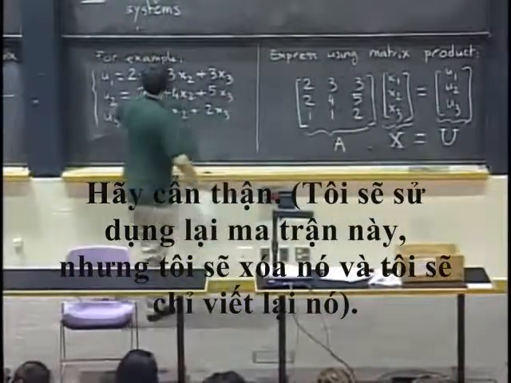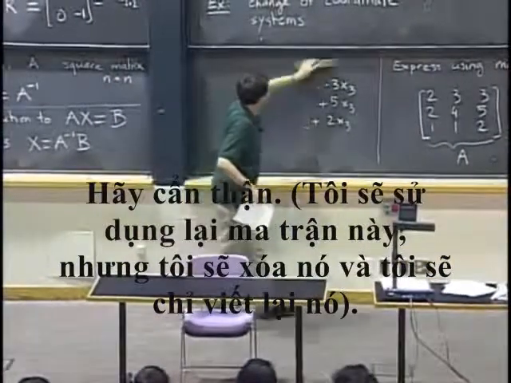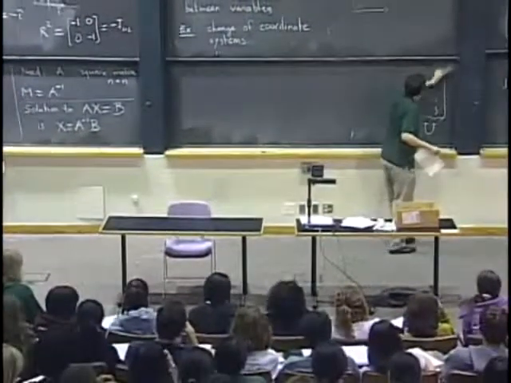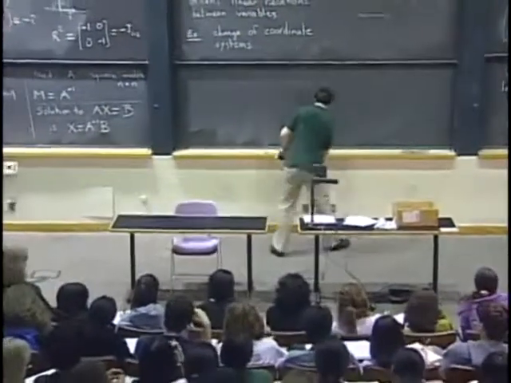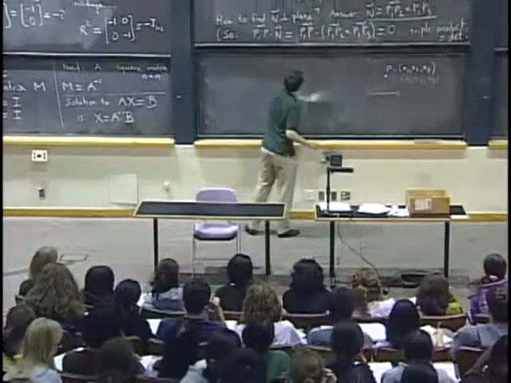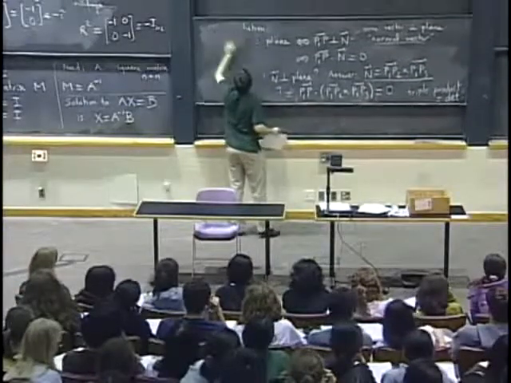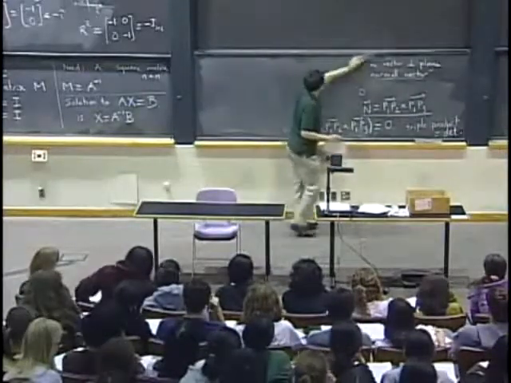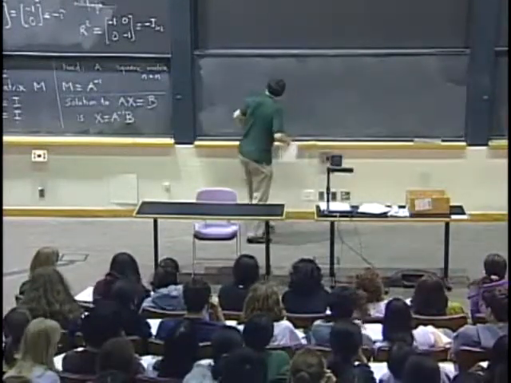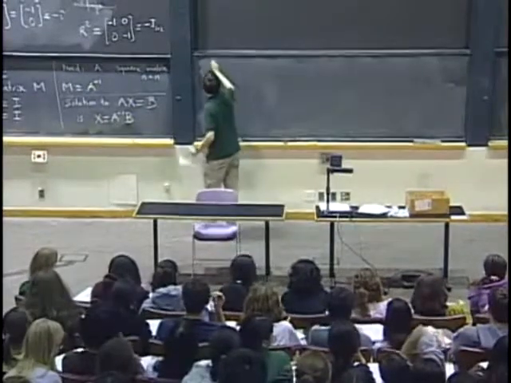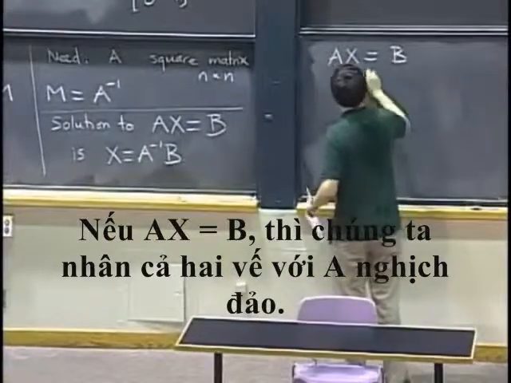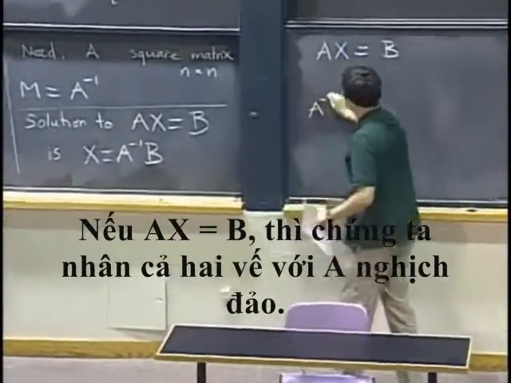Okay, well, I'm going to reuse this matrix, but I'm going to erase it nonetheless. I'll just rewrite it. I'm saying if AX equals B, then let's multiply both sides by A inverse.